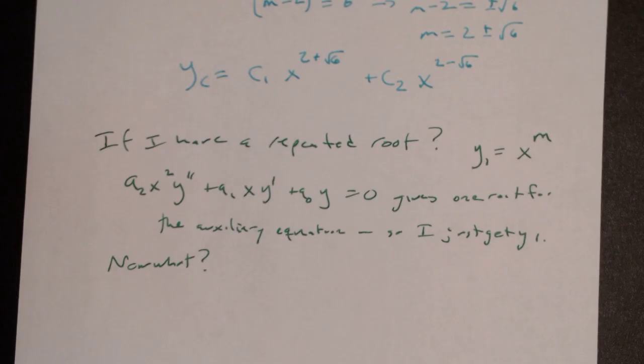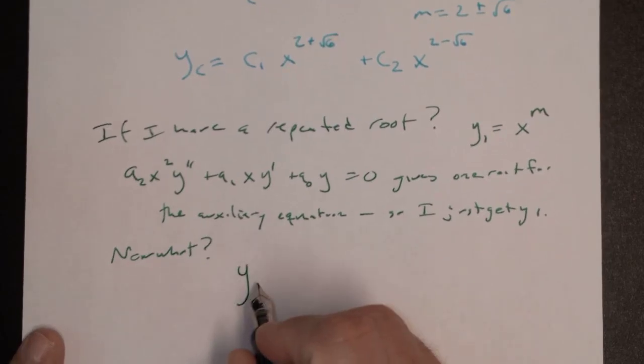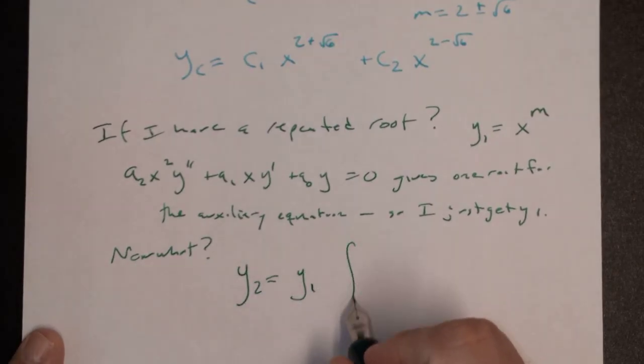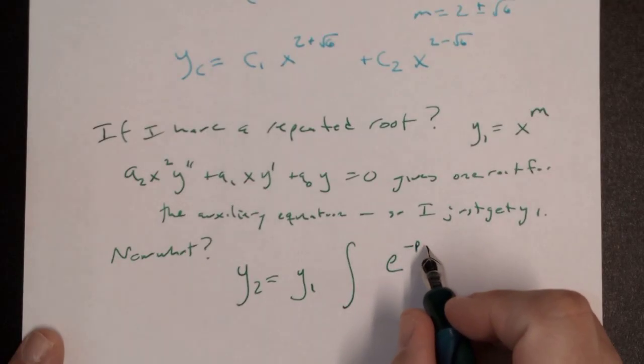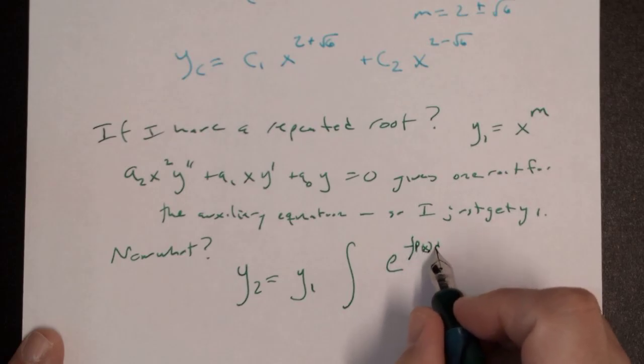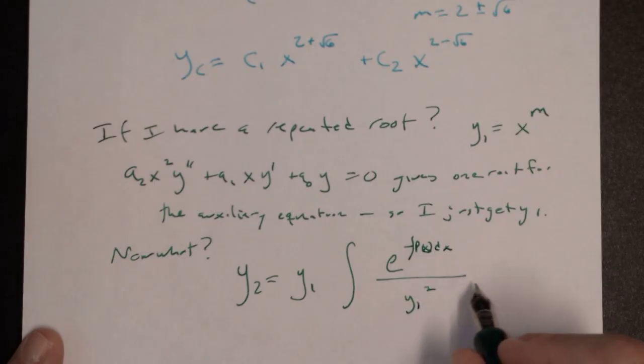It's like r minus 1 times r minus 1. I got 1 twice, so I said, oh, well, we're always going to get an extra x. But we always got the extra x because we did something to show it. Then y2 equals y1 times the integral of e to the negative integral p of x dx over y1 squared.